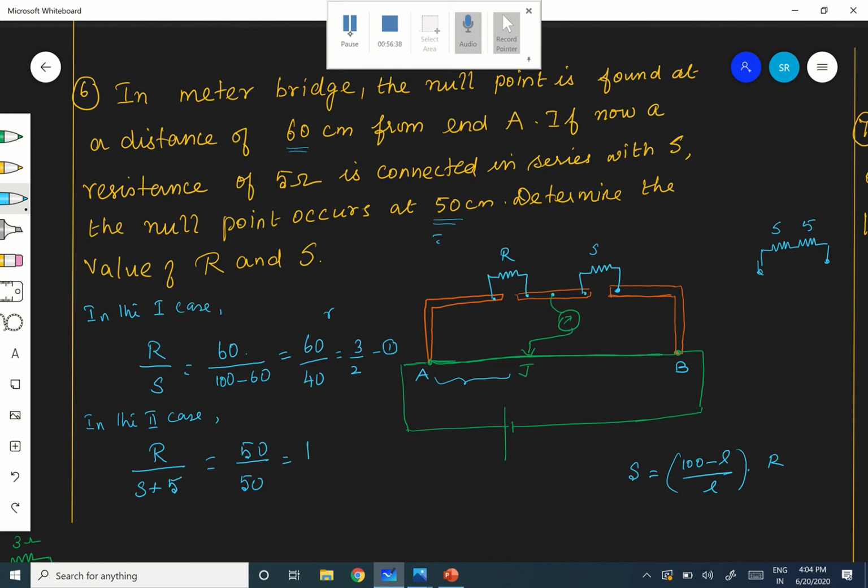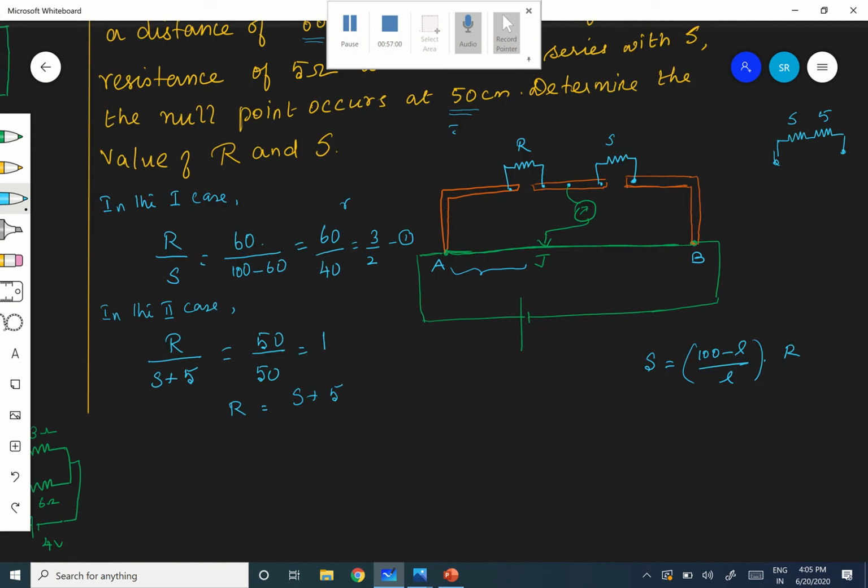Therefore you can say that R is equal to S plus 5. Are you following? So substitute this R value in your first equation.